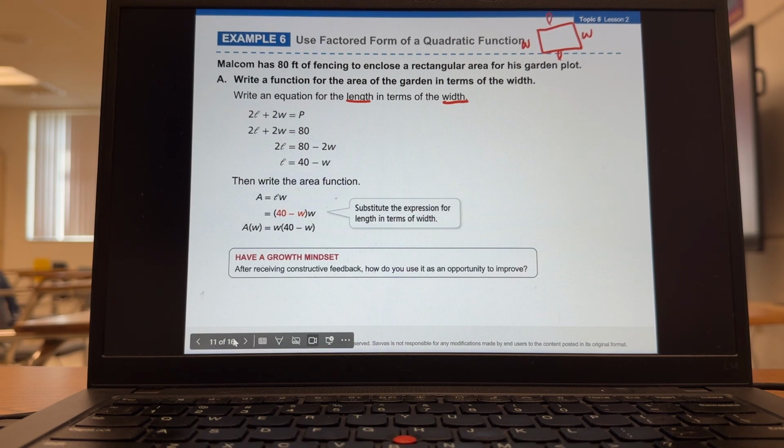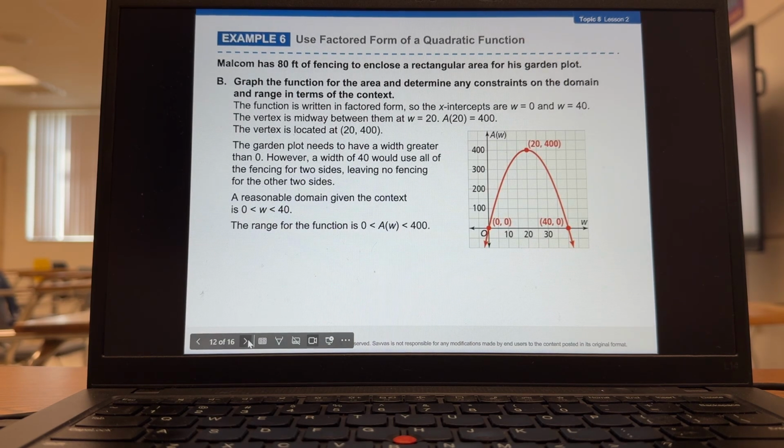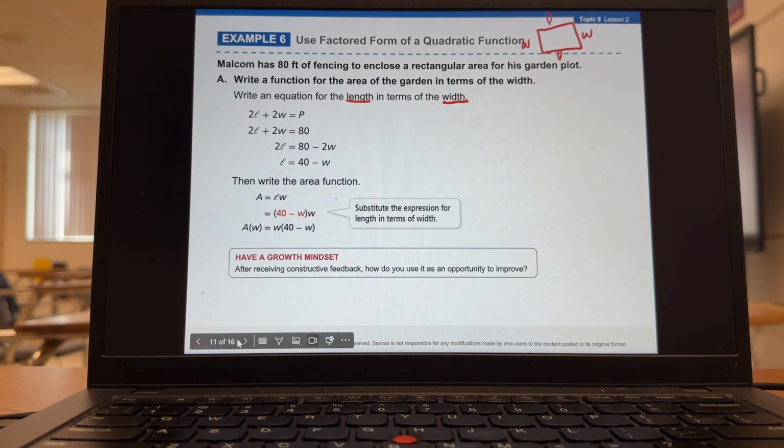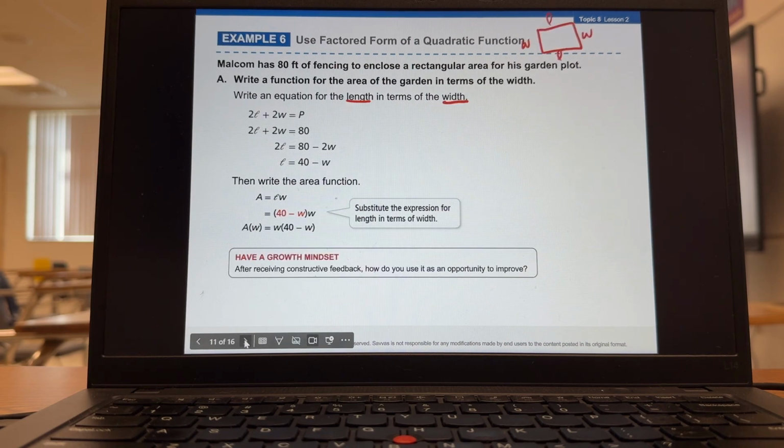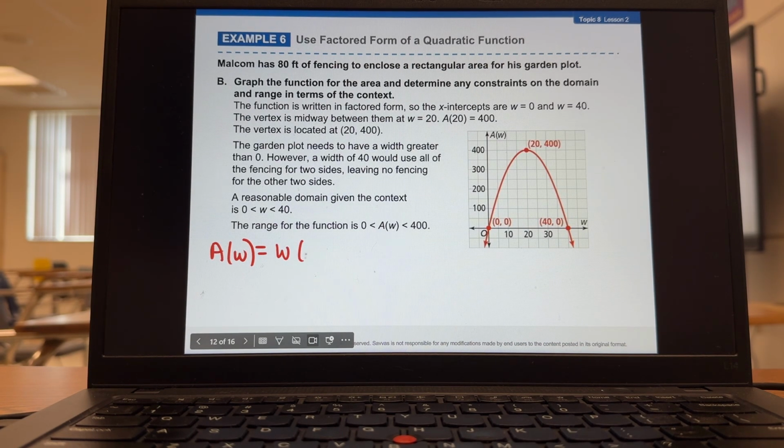And then let me see something really quick. Okay, so how did they come up with these answers? A of W equals W times 40 minus W. If I want to find my zeros, I would do W equals 0.